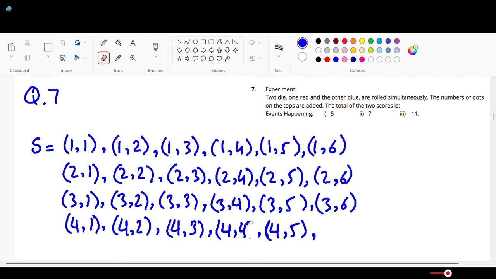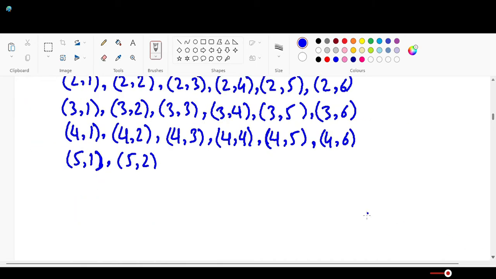Sorry for the messy handwriting, but yeah, 4 and 4, 4 and 5, 4 and 6, 5 1, 5 2, 5 3, 5 4, 5 5, 5 6.